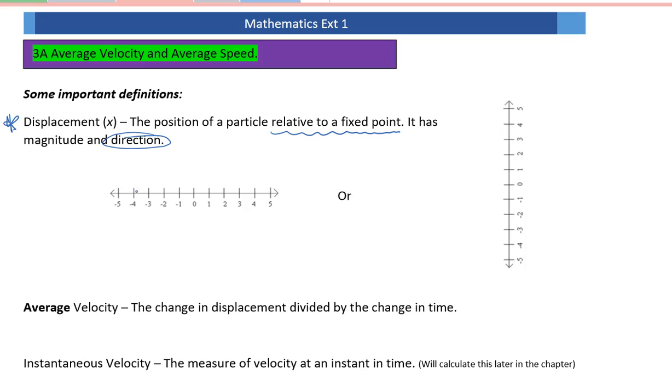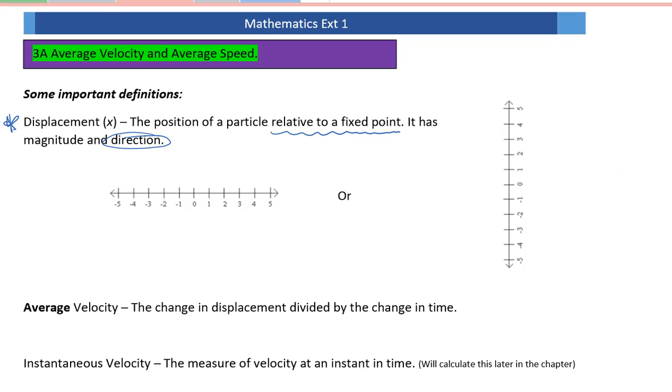Or if our displacement was on a vertical line, again we've got our fixed position, which gives us direction, and we know that we would be going up from our original position if our displacement was positive. So there's a big difference between a displacement of 3 and a displacement of -3. We'll talk more about the difference between displacement and distance as we move through the exercise.